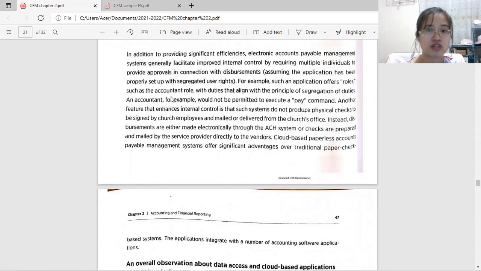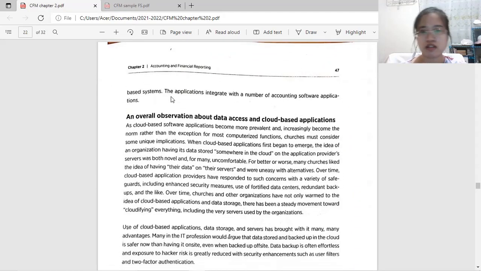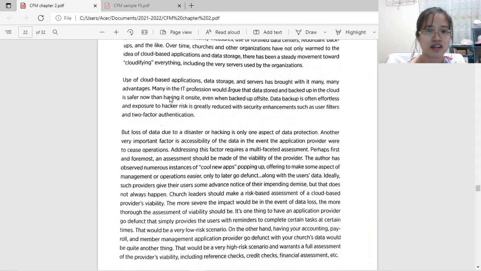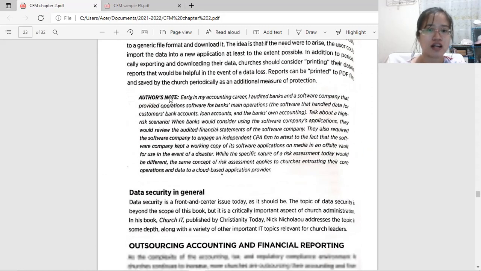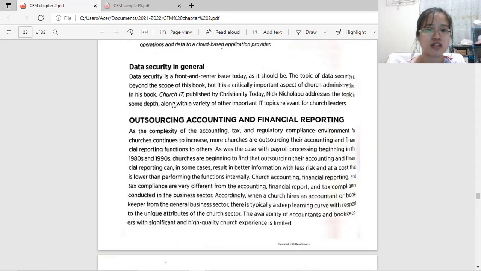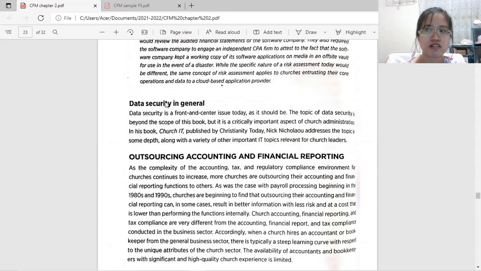Application of technology using cloud as a storage. You can just use your computer, Google Drive, or maybe a flash drive. But of course, other considerations would be data security.